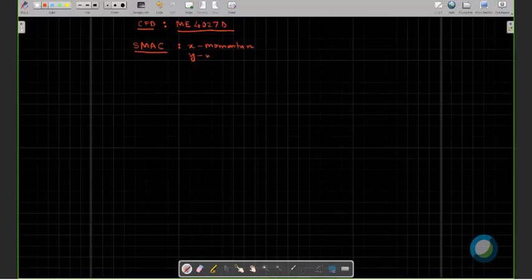y momentum for 2D problem. And we know that this SMAC method is an explicit method.